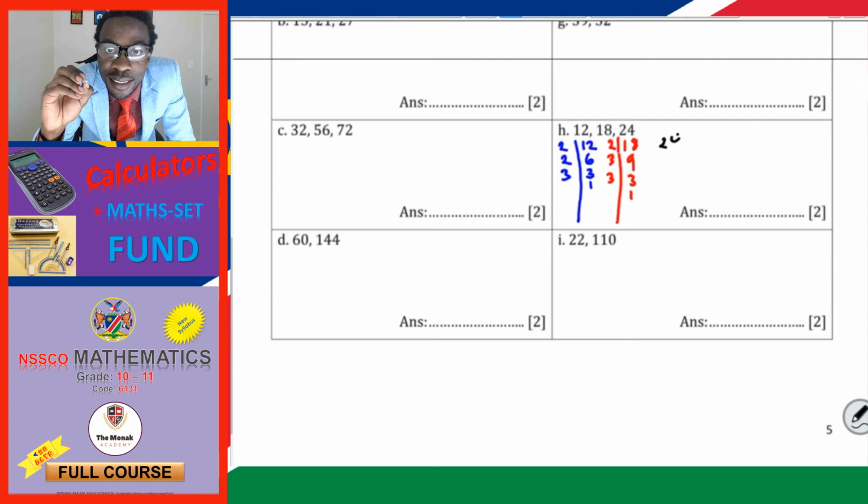Then we go to 24. 2 goes into 24 12 times, 2 goes into 12 6 times, 2 goes into 6 3 times, 3 goes into 3 once.